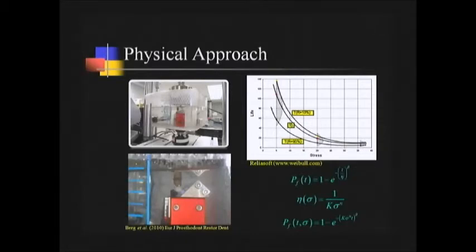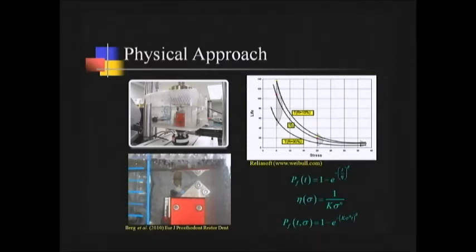And the second equation here has to do with the acceleration. This is the inverse power law. And the inverse power law describes the relationship between lifetime and load level or stress level. And so we have here sigma is the stress level, and eta is the characteristic lifetime for that stress level, and K and N are regression constants that we can fit the data to determine.